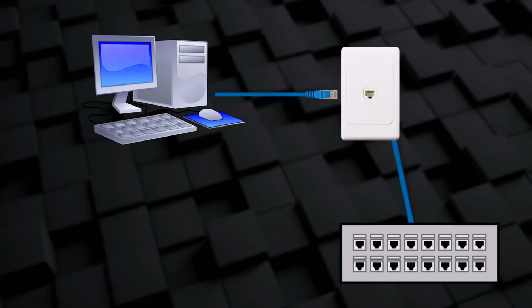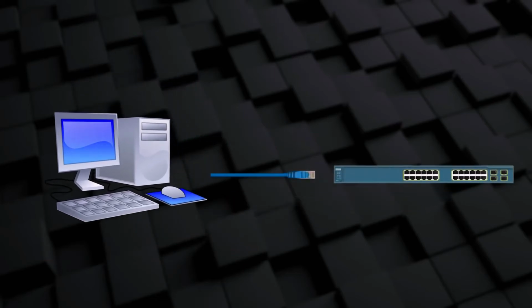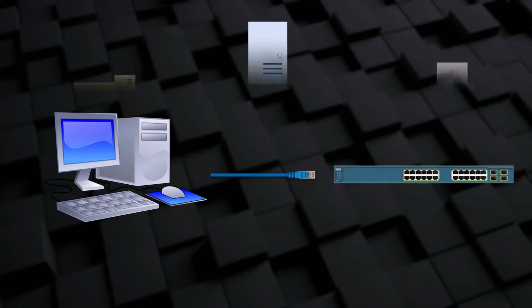This may be in a cabinet on the wall somewhere in the room, or in another room entirely. The port on the patch panel then connects to the switch. You might have a switch at home too. Most homes don't have wall sockets, so devices are connected directly to the switch. We'll talk more about how switches work later.